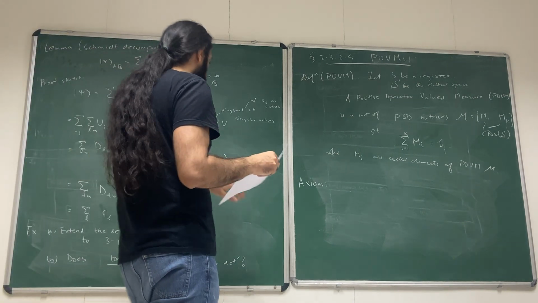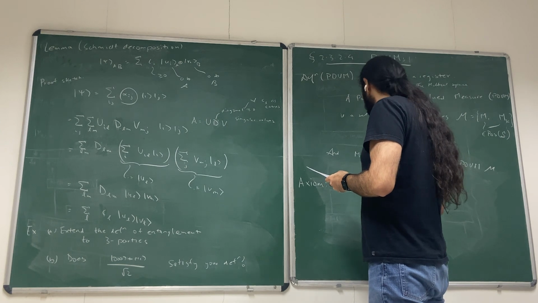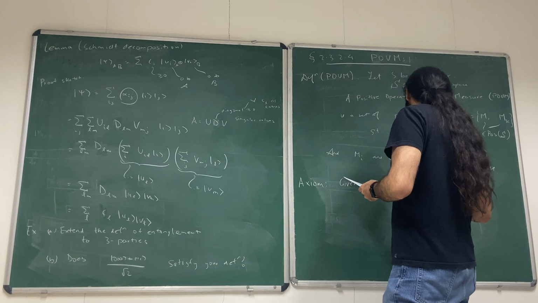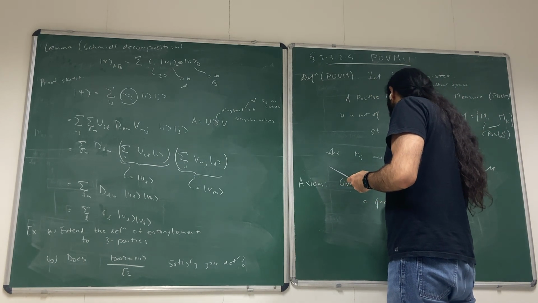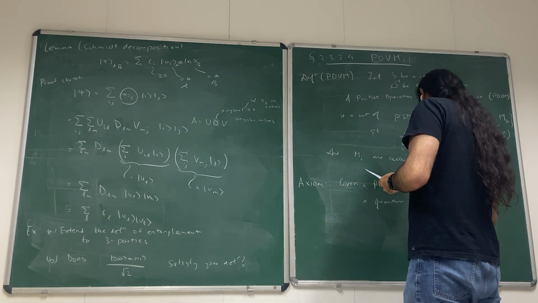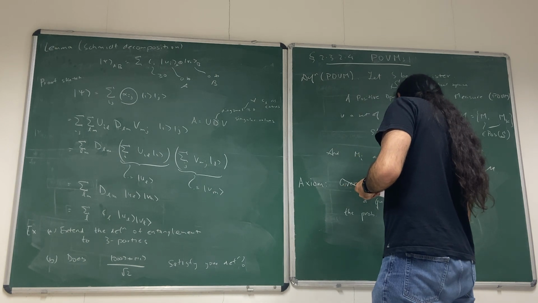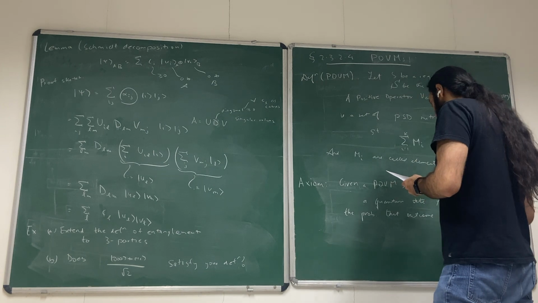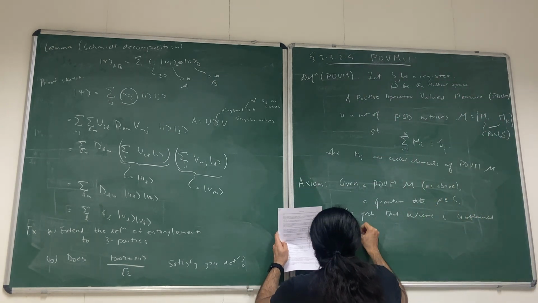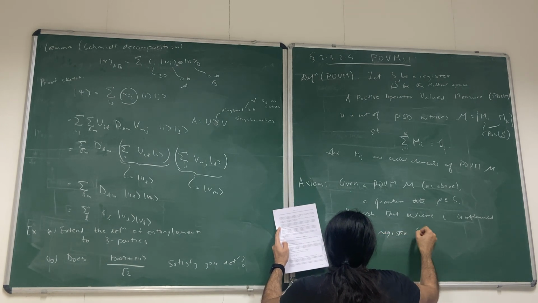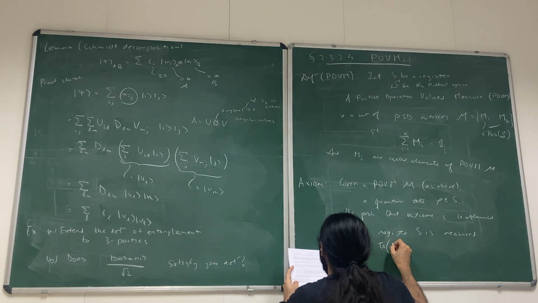The most general axiom one can have is the following: given a POVM M above and a quantum state rho in S, the probability that outcome i is obtained when S is measured is trace of M_i rho.